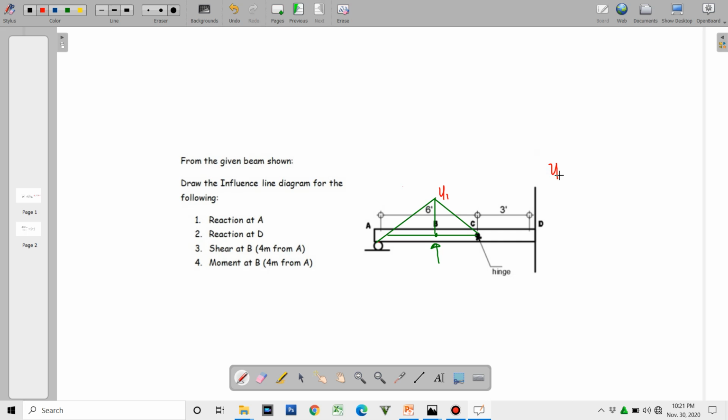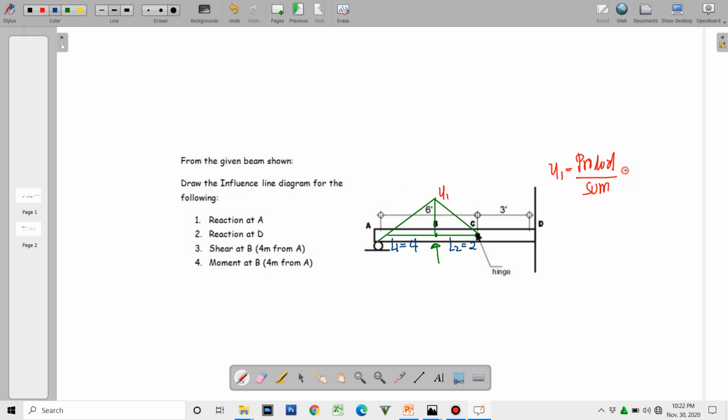So y1 is simply equal to the product all over the sum. So this refers to L1 and L2. Say L1 is equal to 4 and L2 will be equal to 2.